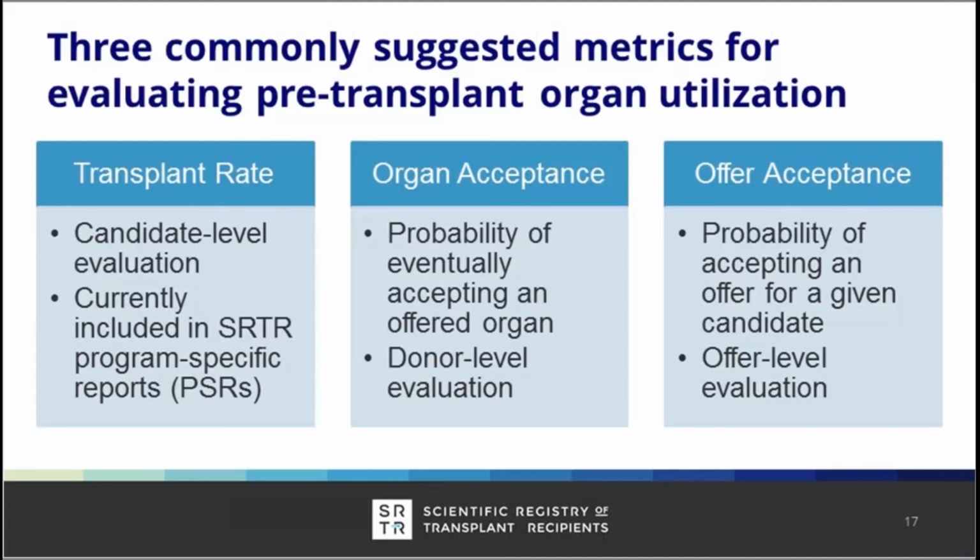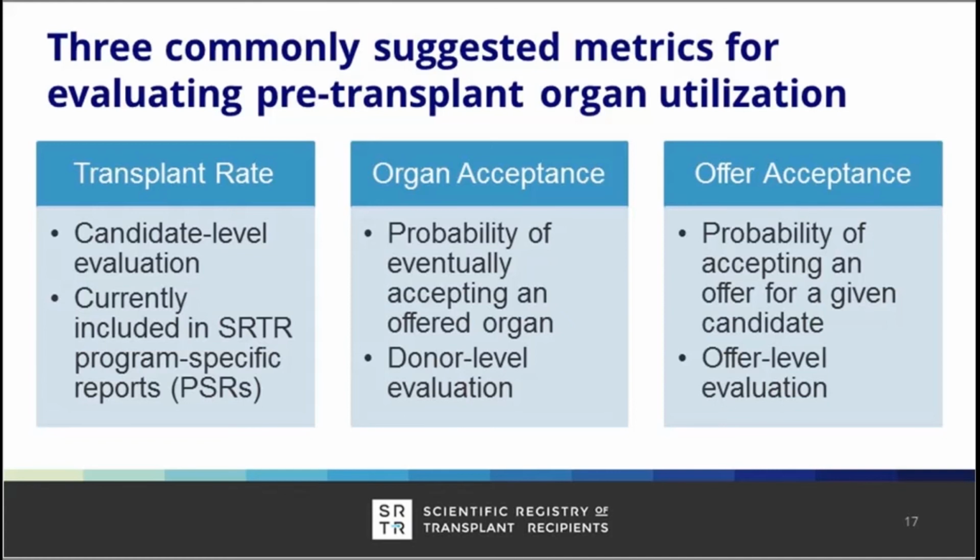So I think the transplant rate certainly is influenced by offer acceptance, but it's also influenced by donor supply in your local area, and other things that aren't necessarily related directly to whether or not the program is an aggressive program in accepting offers or a non-aggressive program in accepting offers. We do report the transplant rate, of course, in the public reports, but I don't think it's the best option for trying to characterize programs in terms of their acceptance and utilization of organs.